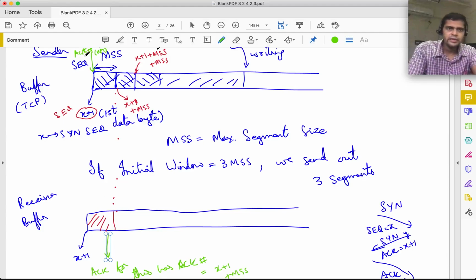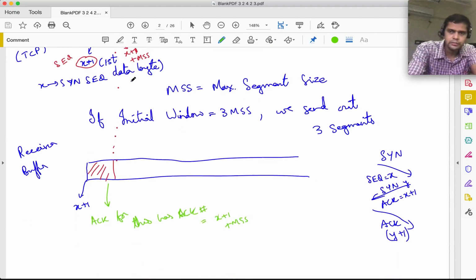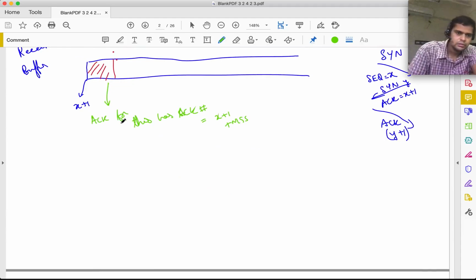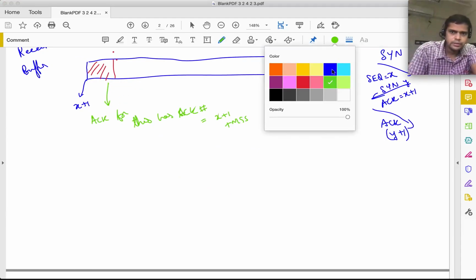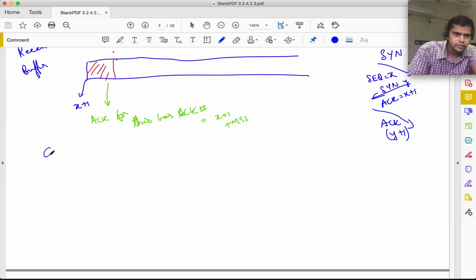So this was saying that I got everything up to X. Now the ACK number has shifted over here to X plus 1 plus MSS. So this is telling the sender that I have got everything from the beginning up to X plus MSS, and I am expecting X plus 1 plus MSS. And this is something called a cumulative ACK.